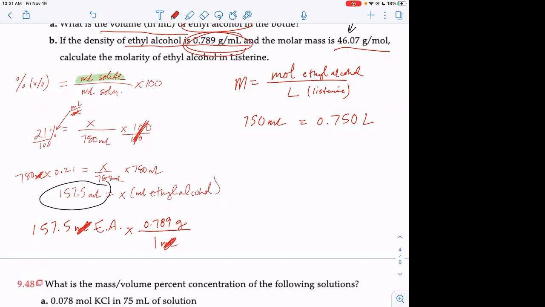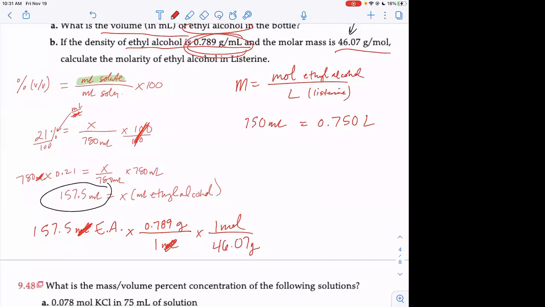Then what do we do? Plug in the molar mass. I'm going to divide by the 46.07 grams for every 1 mole. So we'll do 157.5 times the 0.789, divide by 46.07.